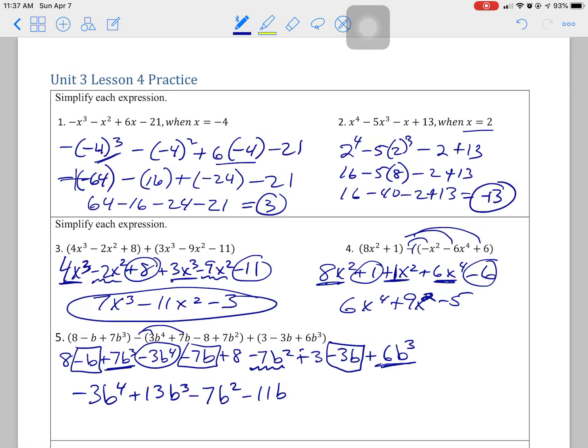And positive 3. Positive 8 is 11. And there is another 8 over here. 11 and 8 is 19. It's getting messy. 8, 16, 17, 18, 19. Plus 3 is 19. So I missed the 3 on the key then. Let me fix that.